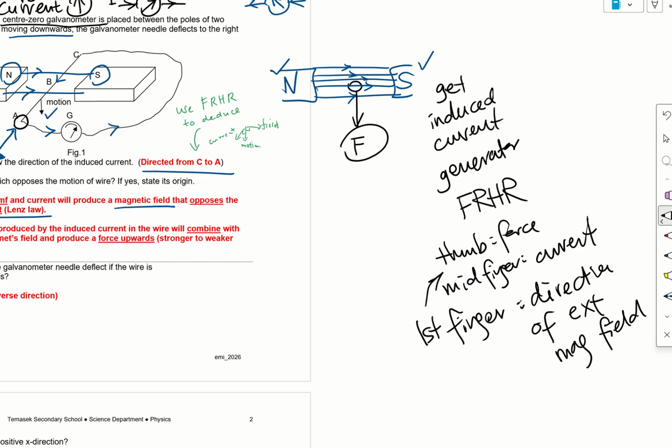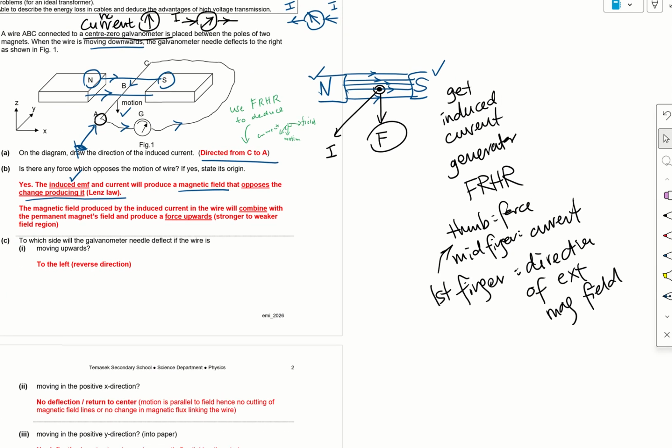If you are like me doing the Fleming's right hand rule now, your middle finger will be pointing to yourself, and it's quite an awkward position. But I'm still managing to get it, and I get my current coming out of the screen. So this is what you need to know.